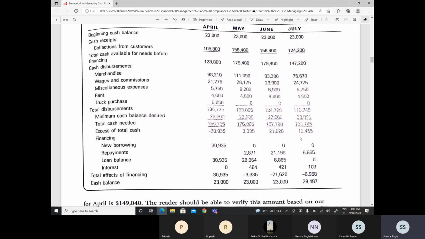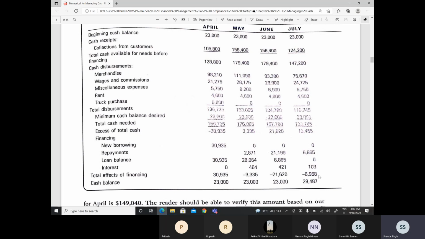In the final month of July, our total cash needed is 133,745 and the total cash receipt is 147,200. We have a surplus of 13,455. We only have to pay off 6,865 of the loan amount plus the interest, and hence the total effect of financing has been minus 6,968.